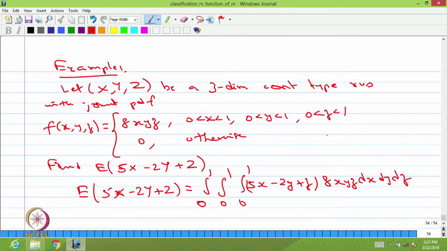You can do the integration and you get the value 8 divided by 3. So this is a very simple example in which we are finding the expectation of a function of a random vector. Now we will move into the next definition.